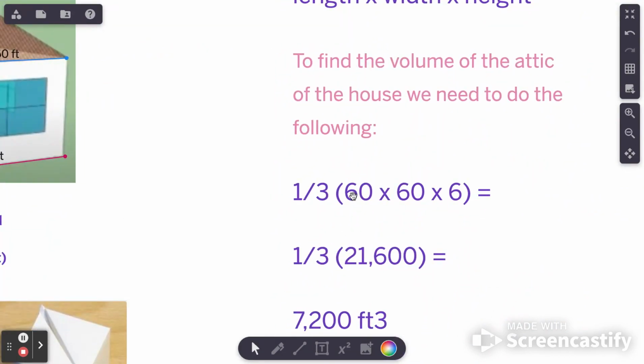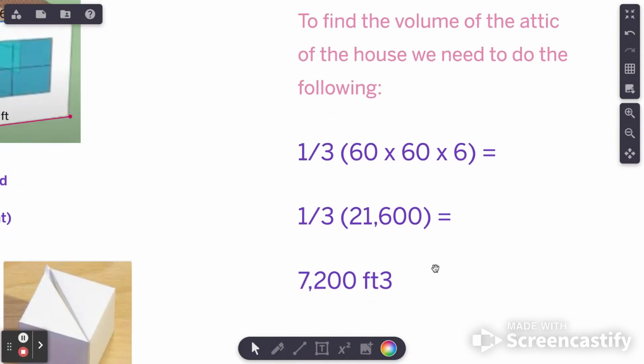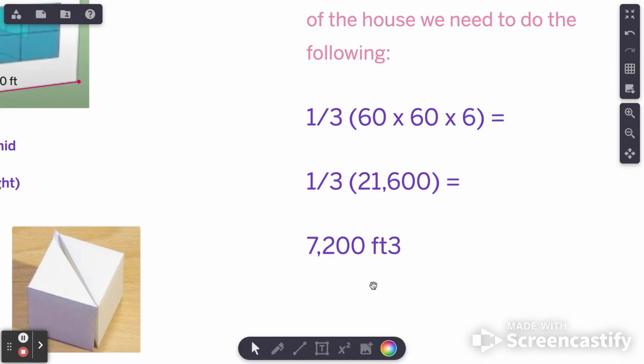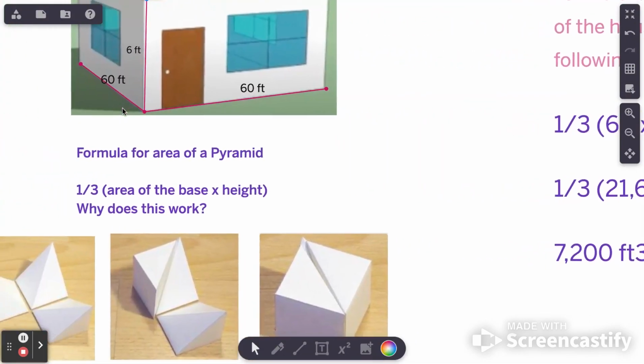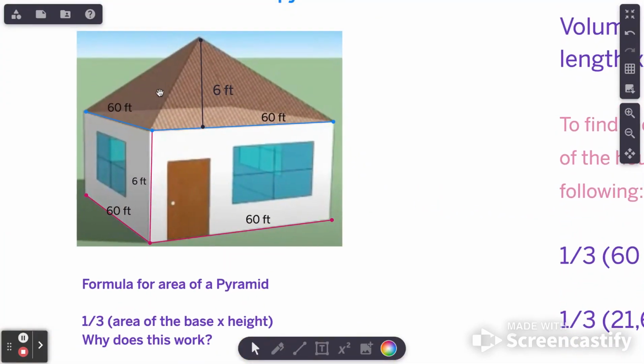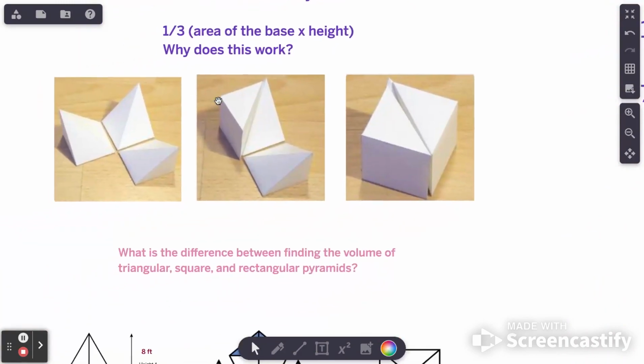So if we do 60 times 60 times 6, we're going to get 21,600. And then we're going to divide that by 3 or multiply by 1/3. And that gives us a volume of our pyramid of 7,200 feet cubed. So that would be our volume of this pyramid here. So that's how we would go about solving that.